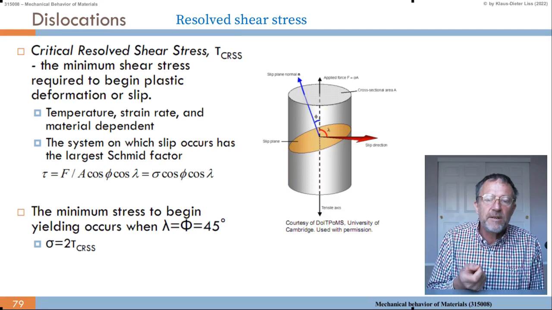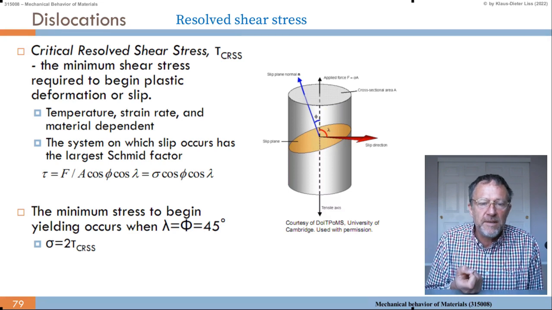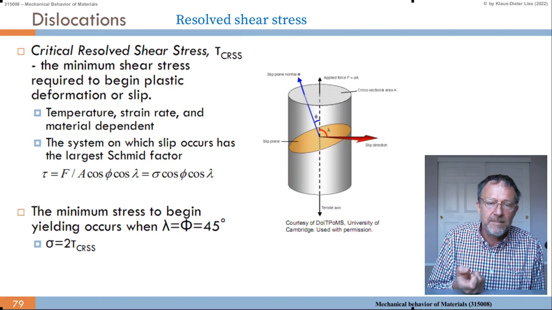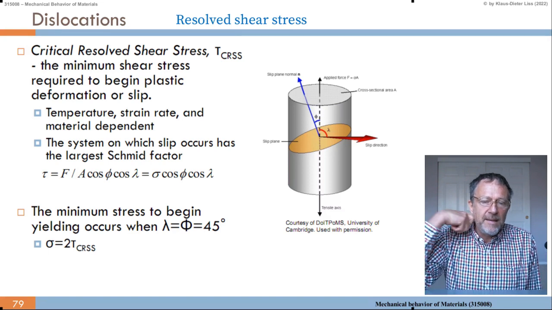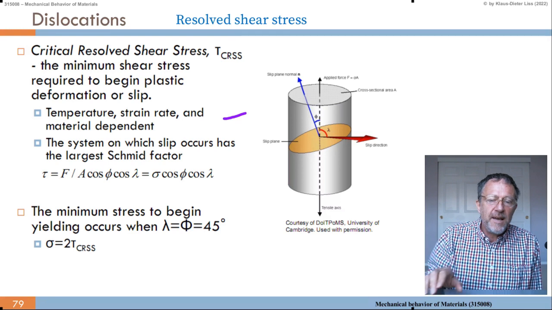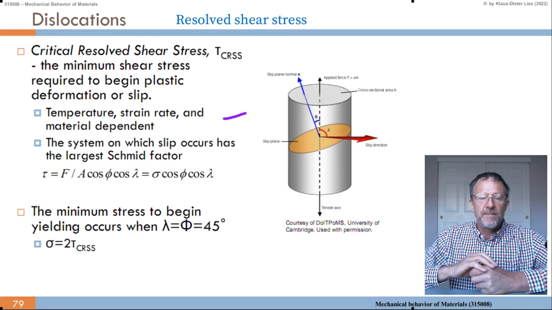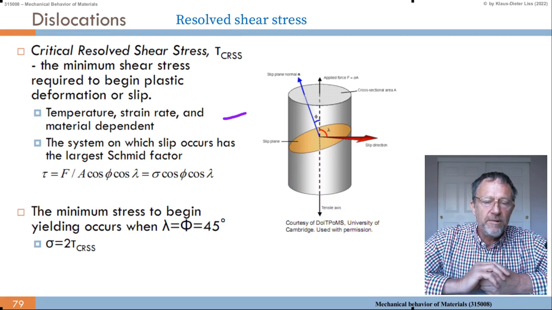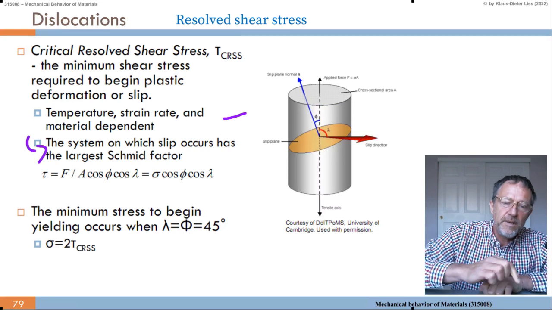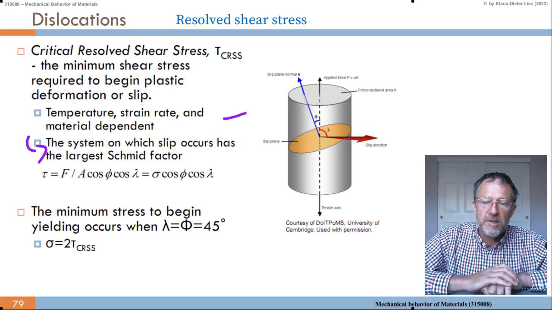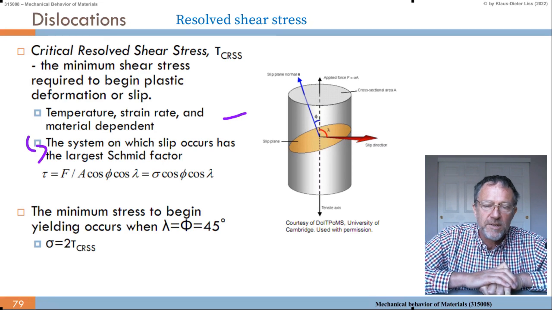At the critical stress, so we call this the critical resolved shear stress. And this is temperature, strain rate, and material dependent. And the system on which slip occurs has the largest Schmidt factor. This is the point I want to make.